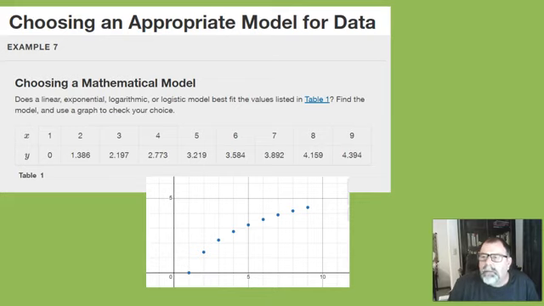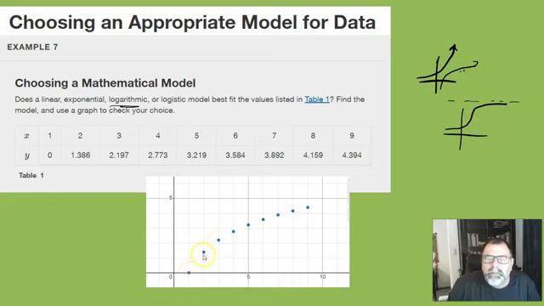A logistic model looks like this, where it starts out and then levels off. And this looks more like a logarithmic function, right? Logarithmic is the inverse of an exponential. So that looks like a log function.